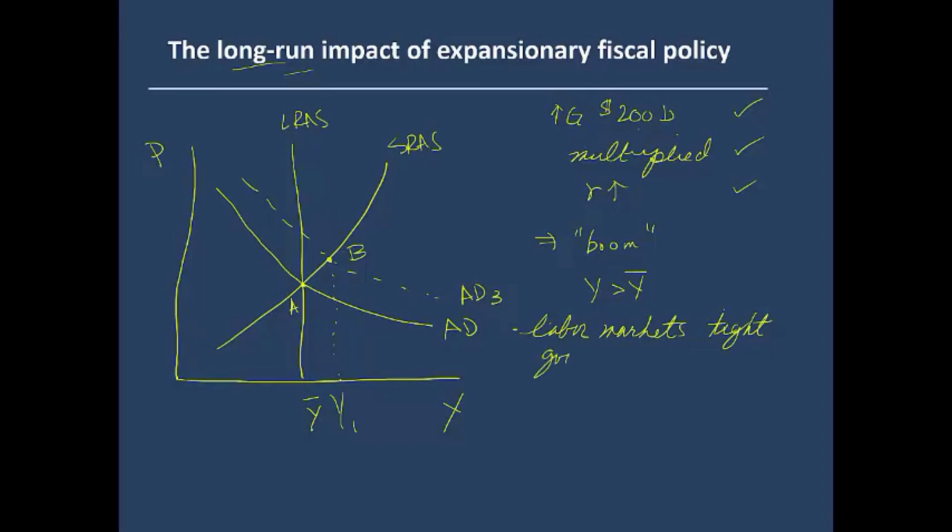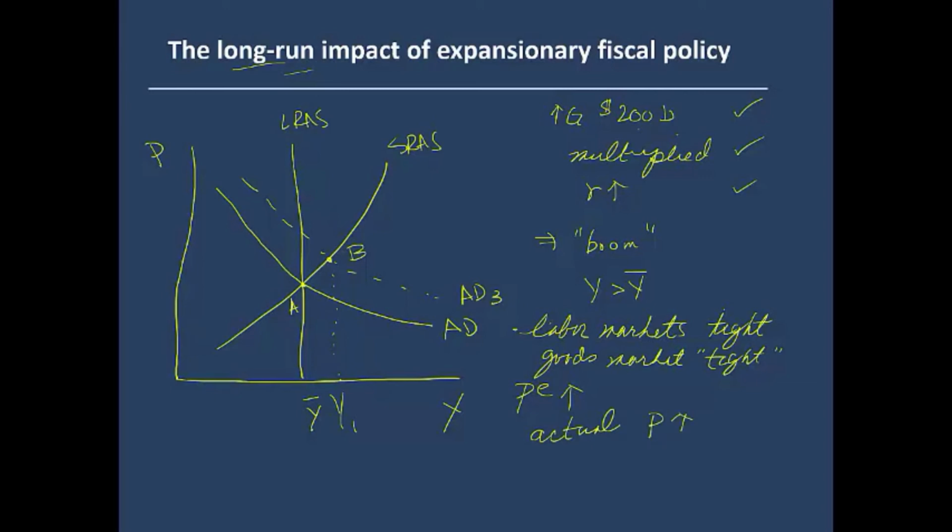The goods markets are tight. Production is tight. We're producing above capacity. Price expectations go up. And as price expectations go up, actual prices start to rise.